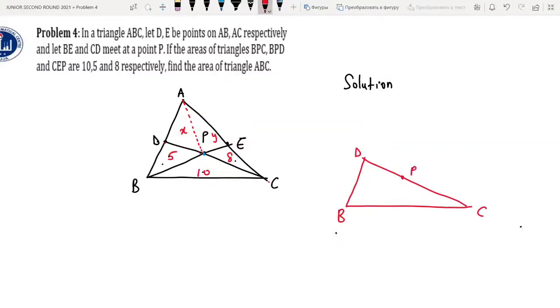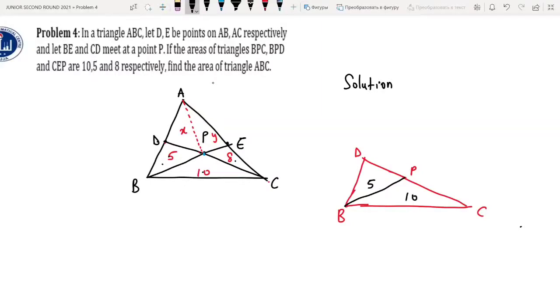Now I'll draw this line here. So this is a line we have here, and the area of this triangle is 5. The area of this triangle is 10 units.